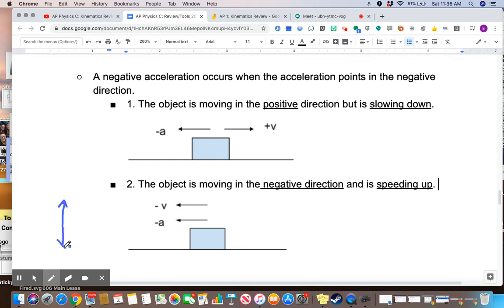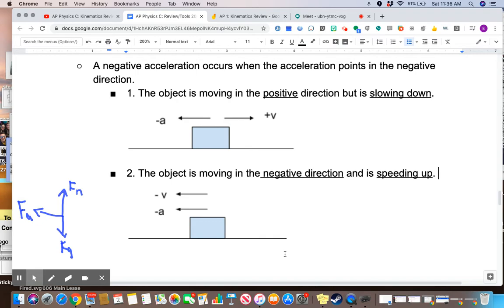We have normal force, force of gravity, and an applied force, or maybe a tension that points to the left.